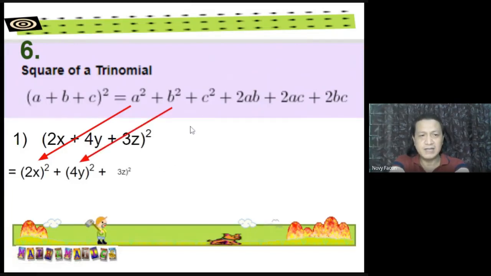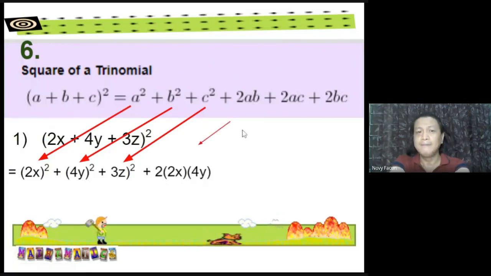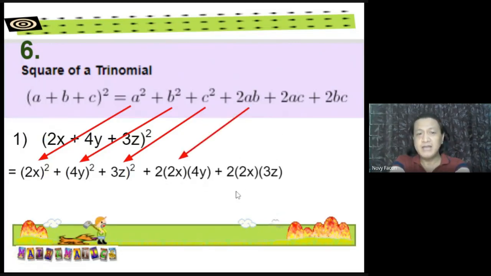Yung third term natin, yung C squared, that is 3z squared. And then, twice, meaning multiply natin ng 2 yung first and second, that is 2 times 2x times 4y. And then, yung next natin, we have 2 times 2x times 3z. Ito yung formula natin. And 2BC naman, ito, we have 2 times 4y times 3z.